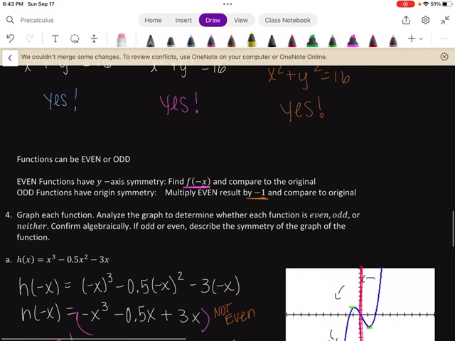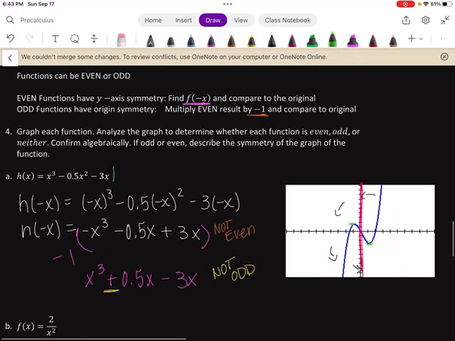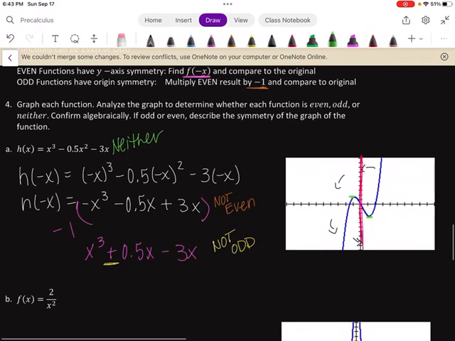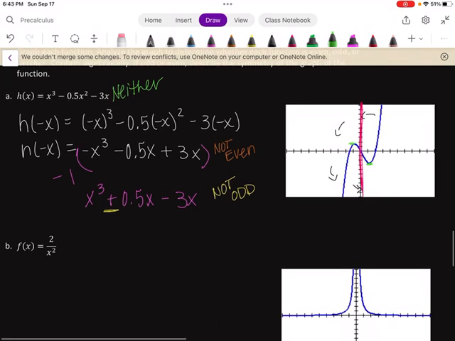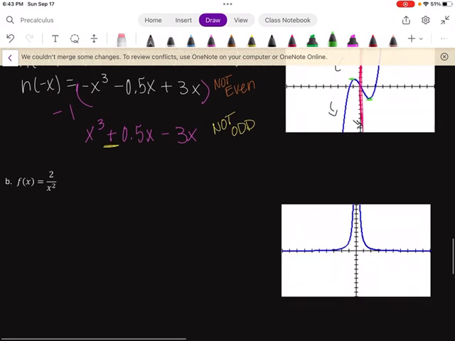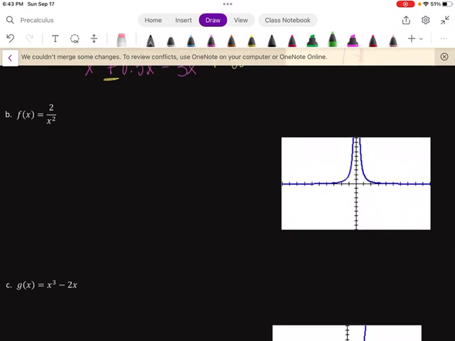So this guy would be a neither guy. And again, you could see that on the graph a little bit too, that if we rotated it, it wouldn't exactly be symmetric to the origin.